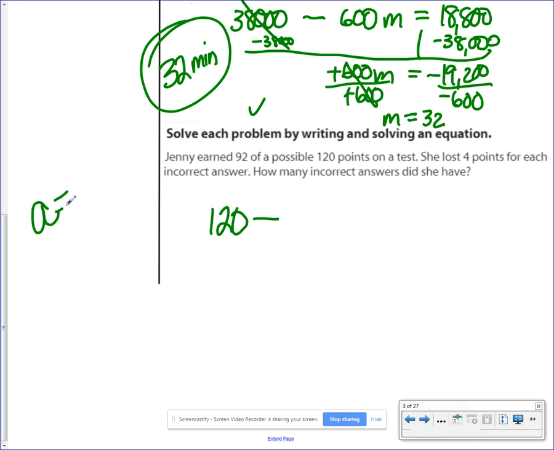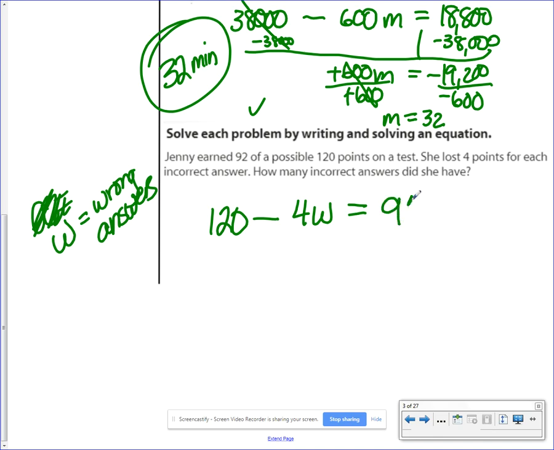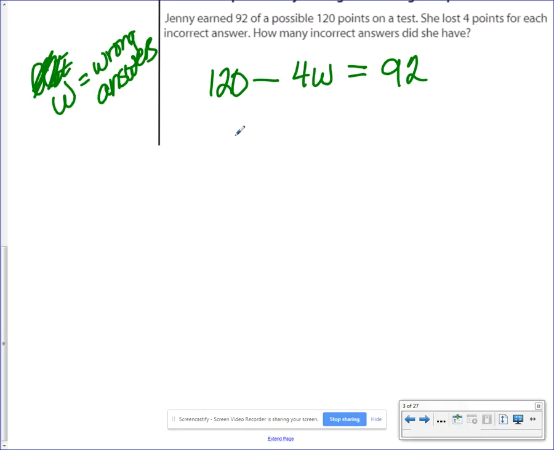Well, let's just say W for wrong. I'm going to say W for the number of wrong answers. Okay, and it was 4 points times every wrong answer. Her score was 92. Go ahead and solve this one just like you solved the one above it, and let's see what you get.